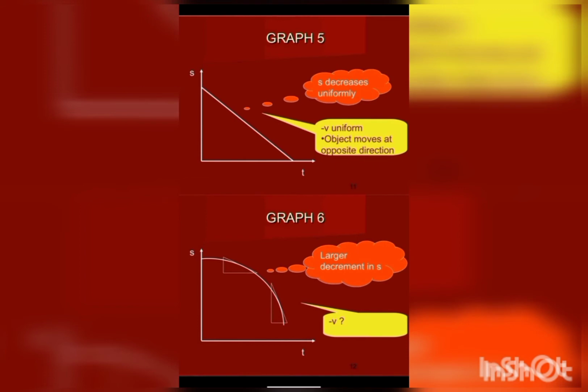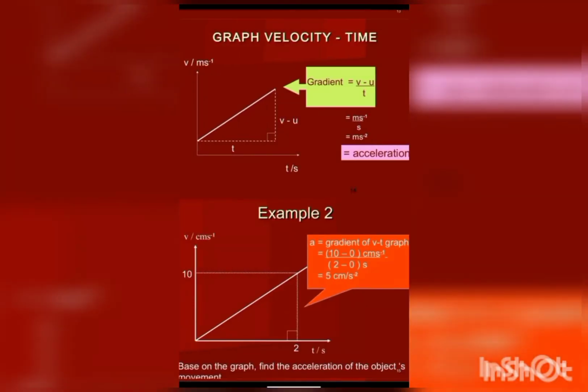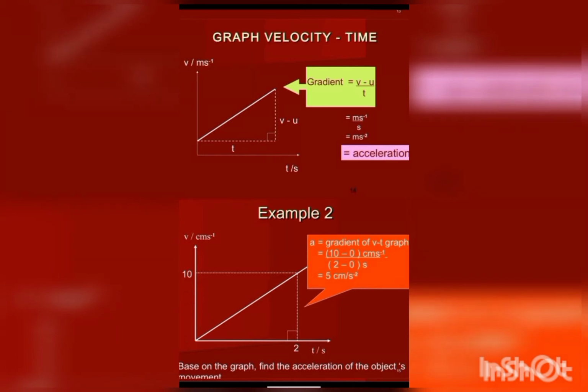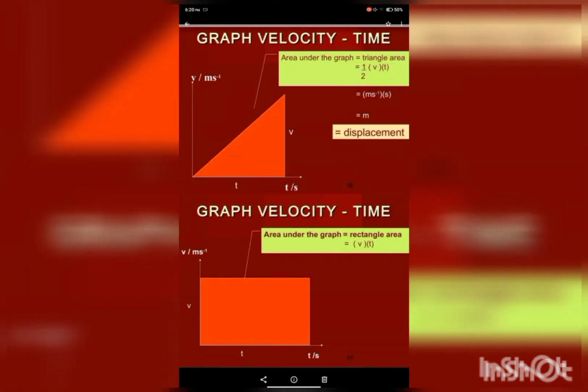Next is the velocity time graph. The slope of a speed time graph of a moving body gives its acceleration. Acceleration is equal to change in velocity divided by change in time. Slope or gradient is equal to final velocity minus initial velocity divided by time. And the area under the velocity time graph gives us the displacement.